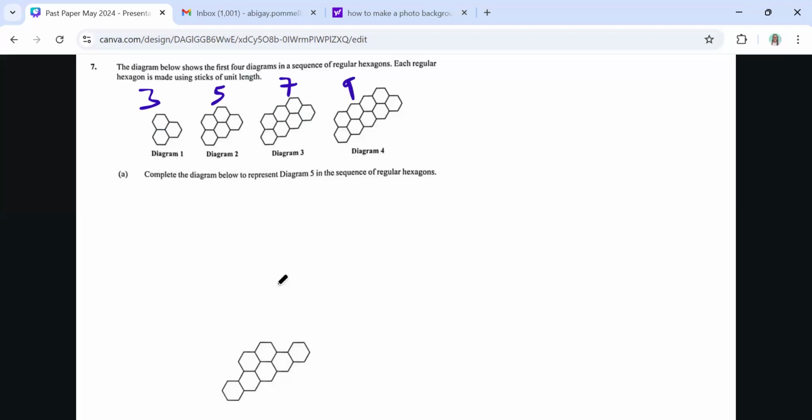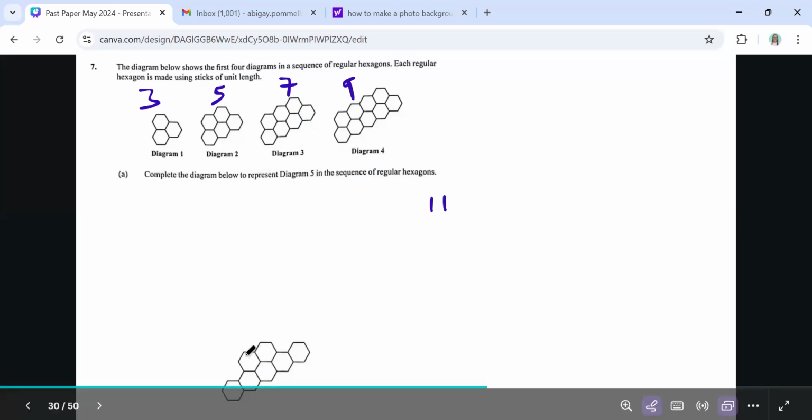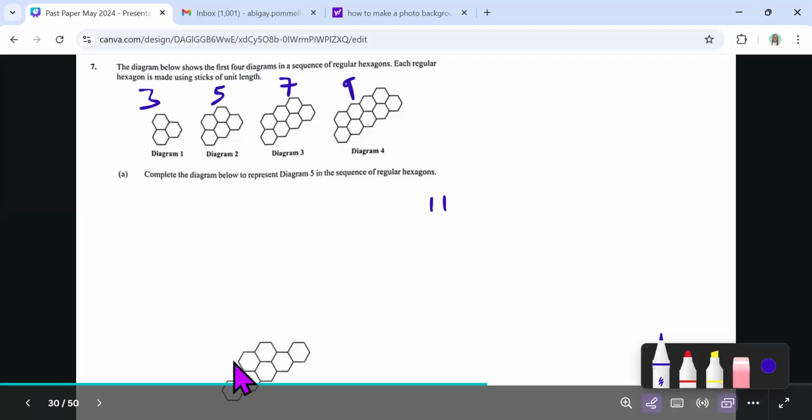So that means diagram 5 should have 2 plus 9, which gives you 11. Right here we only have 1, 2, 3, 4, 5, 6, 7.